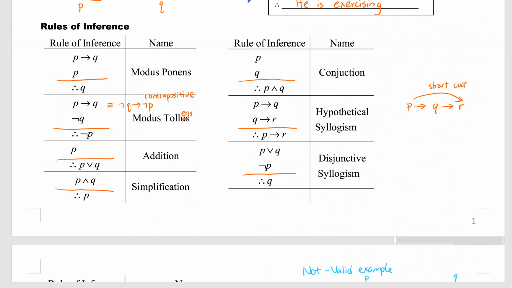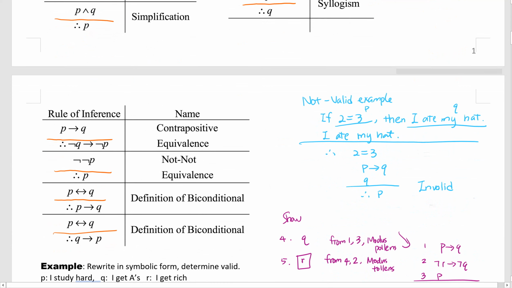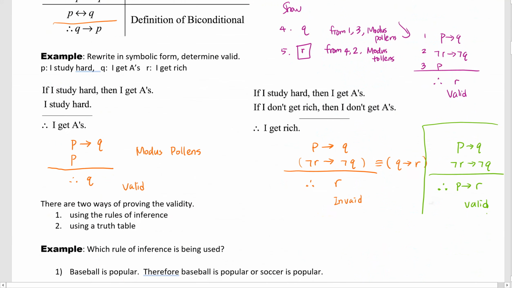Modus tollens: P implies Q, but not Q, so not P. Addition: P, so P or Q. Simplification: P and Q, so P. Conjunction: we have P and we have Q, so we have P and Q. Hypothetical syllogism: P implies Q, Q implies R, so P implies R. Disjunctive syllogism: P or Q, but not P, so Q. And we have the contrapositive, the equivalence, the biconditional propositions.